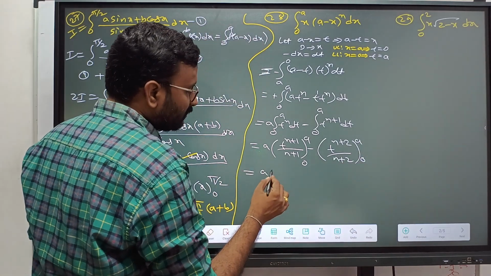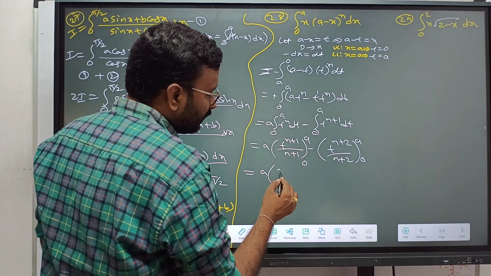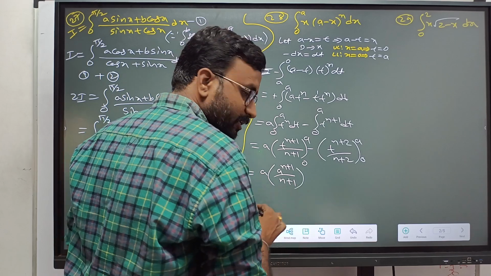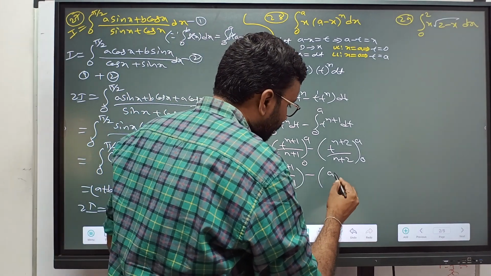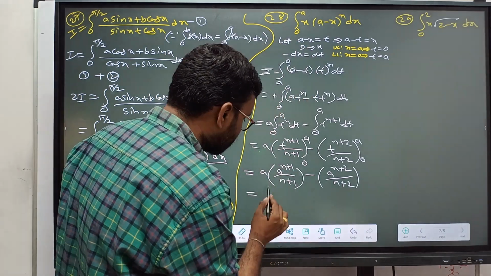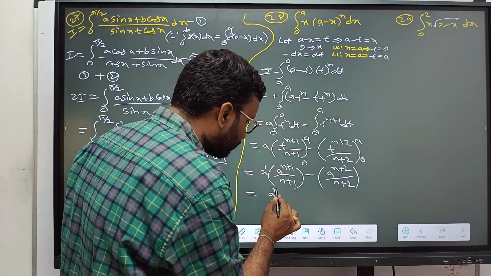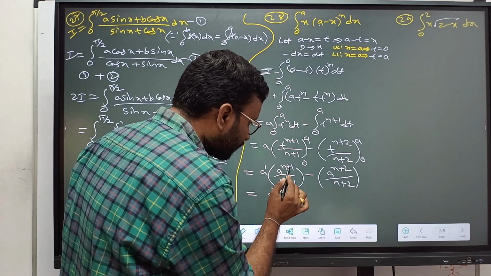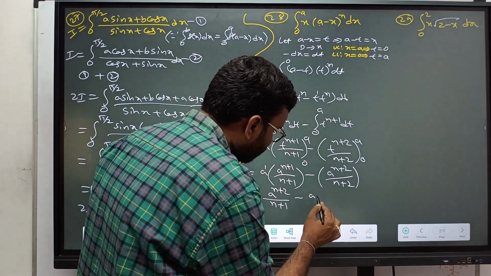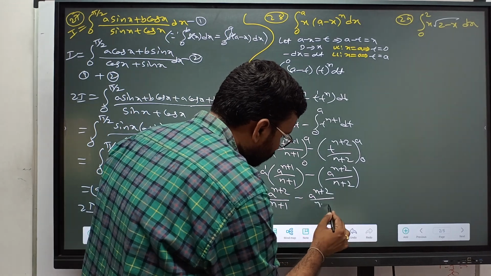Now apply limits. a into upper limit a, a power n plus 1 by n plus 1 minus lower limit 0, no need to write. Minus this is a power n plus 2 by n plus 2, lower limit 0, no need to write. This is a power 1, a power n plus 1 will become a power n plus 2, right? Both are in the numerator, product, so a power n plus 2 by n plus 1 minus a power n plus 2 by n plus 2.